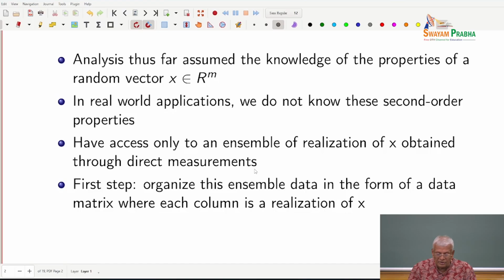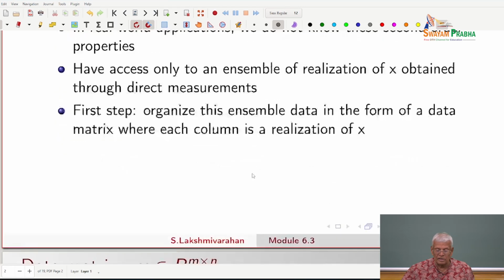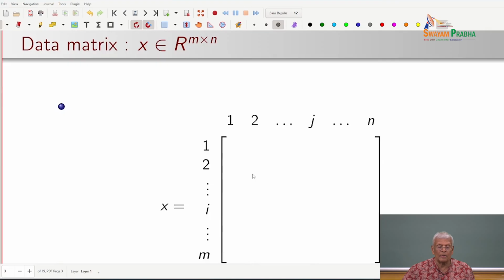That's called an ensemble of realizations: N different samples of the vector X. So the first step is to organize this ensemble of data in the form of a data matrix, where each column is a realization of the vector X.